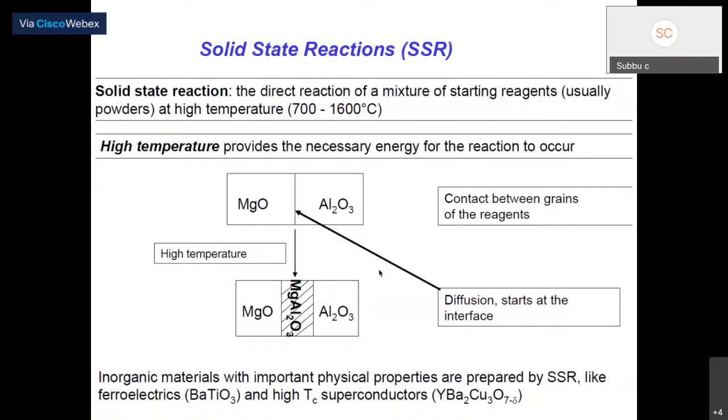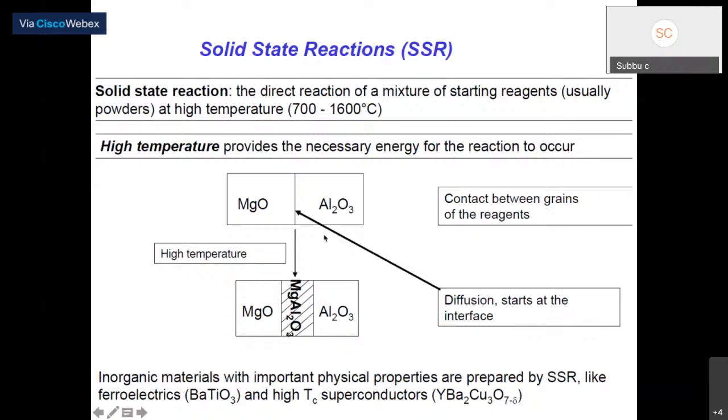If you make all these materials and compare the crystallinity, you will be surprised to see that the solid state gives you the highest crystallinity because you are forcing the structural reorganization. It is the toughest method, the most difficult among all these methods, for reasons which I will explain now.